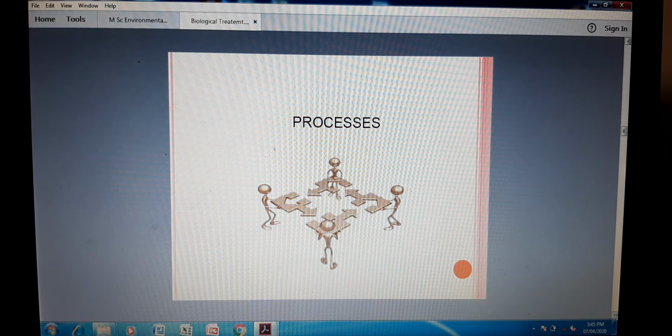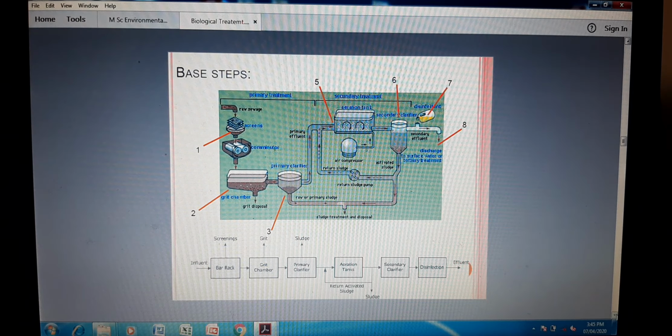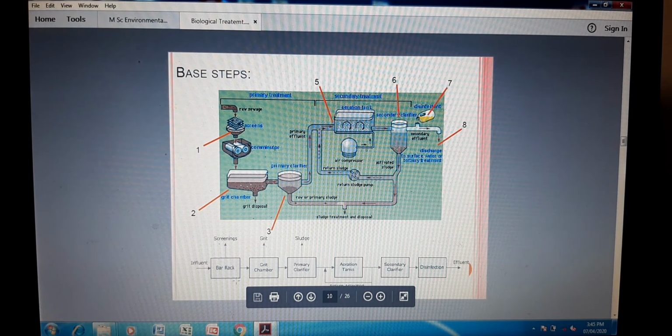Okay, so what exactly is the process of this biological treatment? As we have already discussed the sketch, or the flow chart, of this particular biological treatment, this is the influent, which is coming from the industrial discharges, or from various parts of the industry.